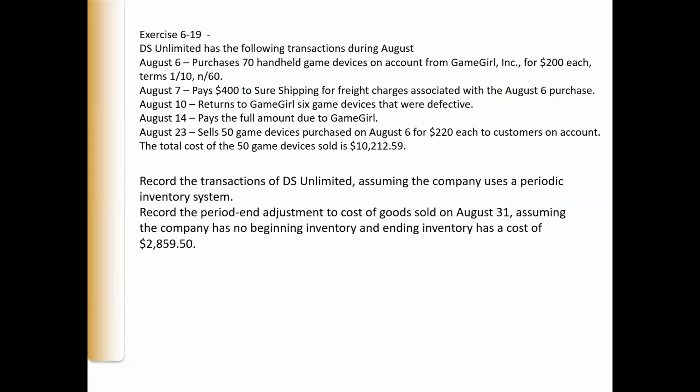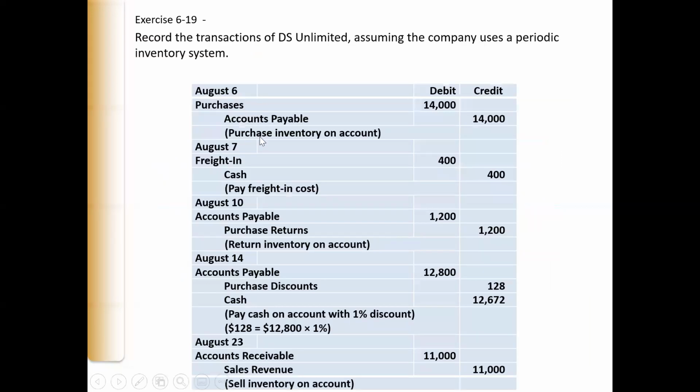Now, here's our last exercise. We're using that same company again, the same transactions, but we're going to do this using the periodic system. When we make purchases, guys, we debit our purchases and credit our payable.